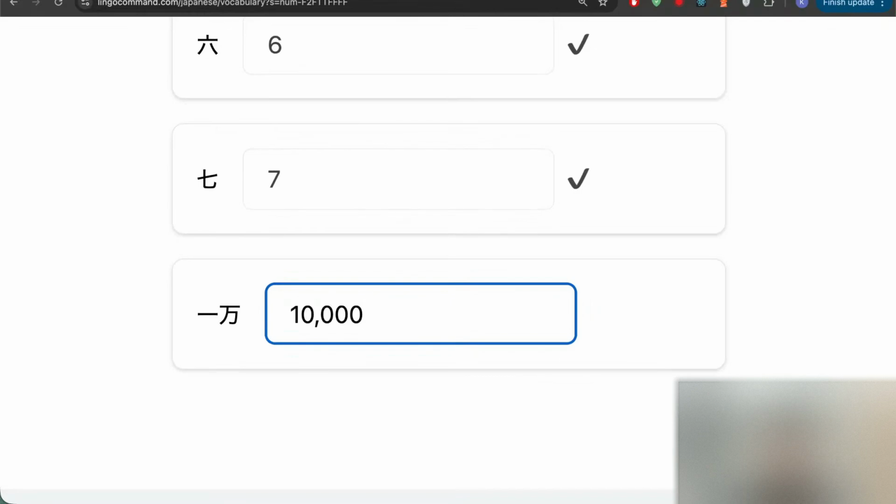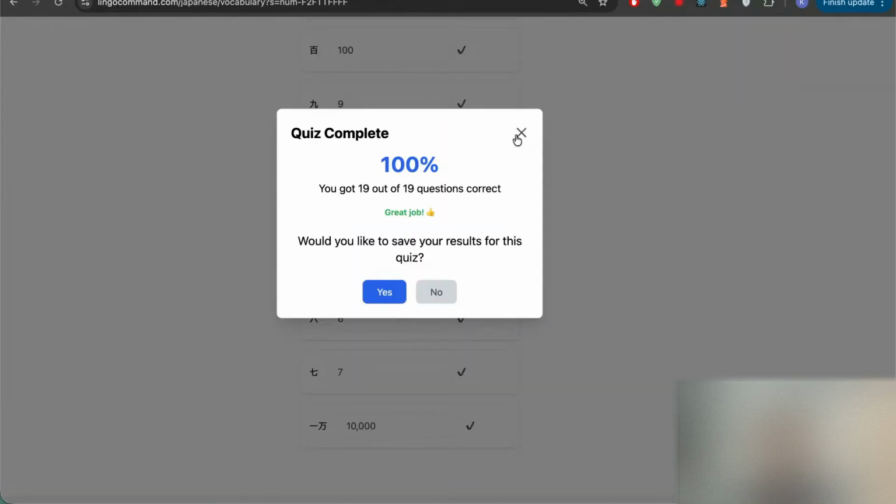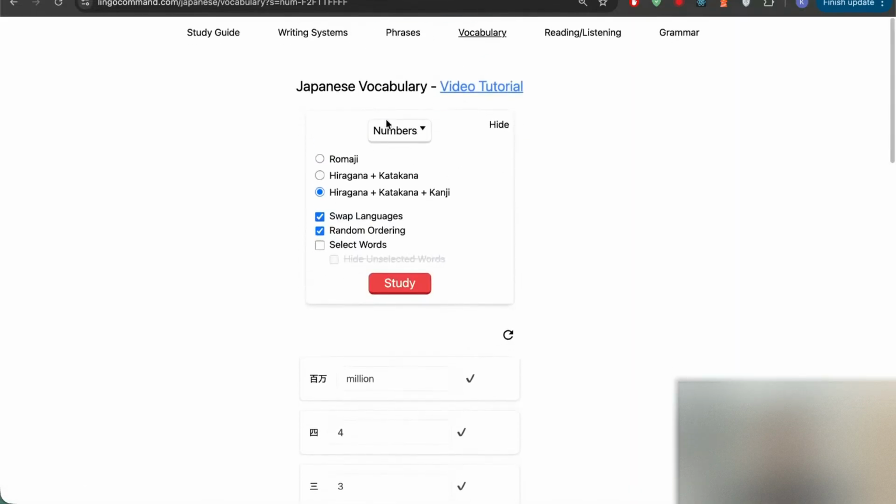That's how it works in Japanese. So you cannot say 10,000, you have to say 1 10,000. However, let's say you want to say 20,000, which is 2 lots of 10,000. You don't say 2 lots of 1 10,000. You can skip the 1. And so that's what was going on in the case above. Fantastic.